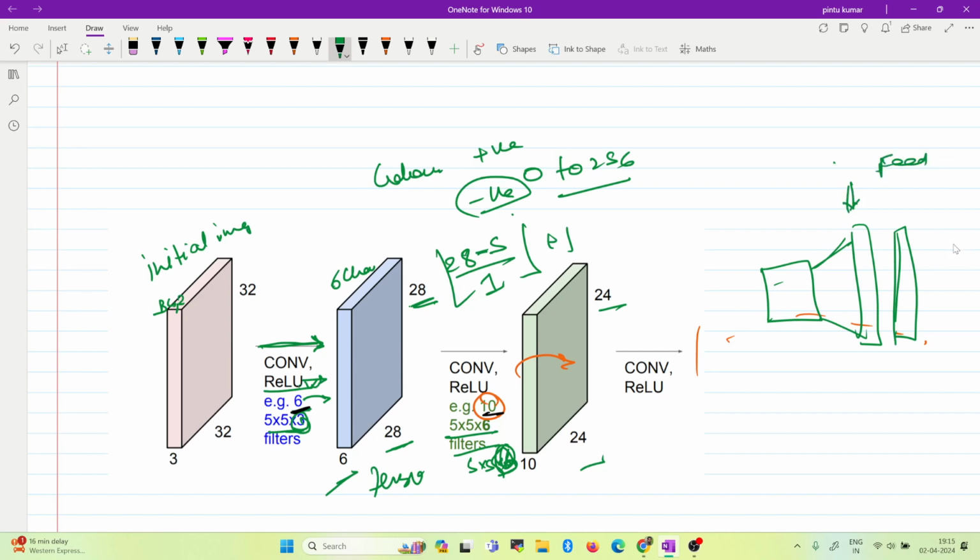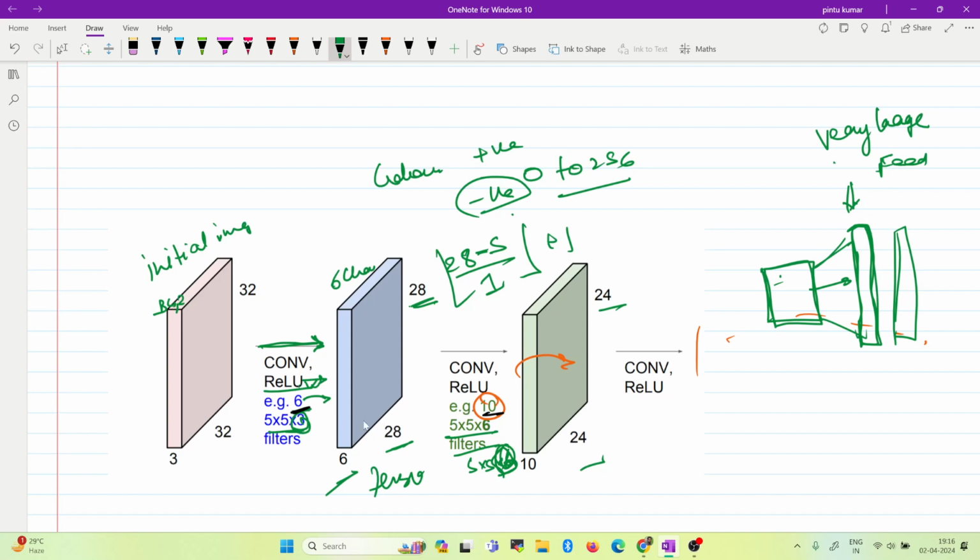If this convolution feature that you have obtained towards the end is flattened and it is very high dimensional, then the feed forward neural network that we construct on top of it will have a very large number of parameters, and hence it will be difficult to train and so on.